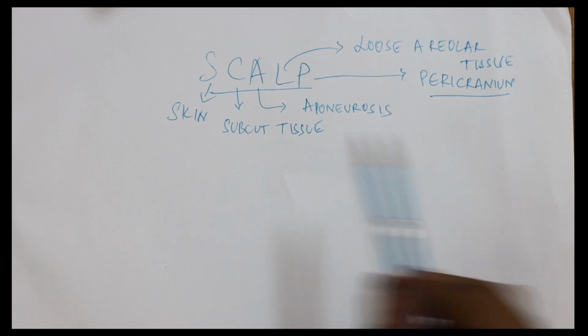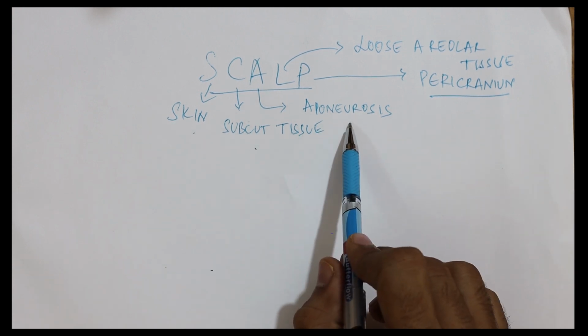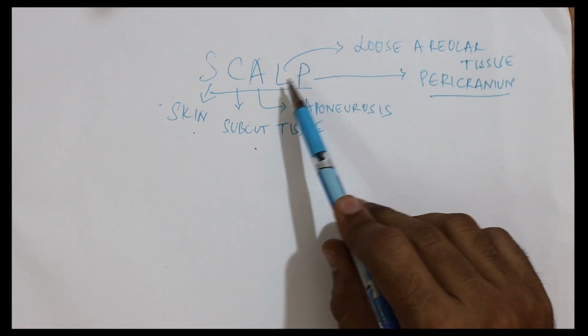So these are the basic 5 layers: the skin, the subcutaneous tissue, the aponeurosis layer, the loose areolar tissue, and the pericranium.